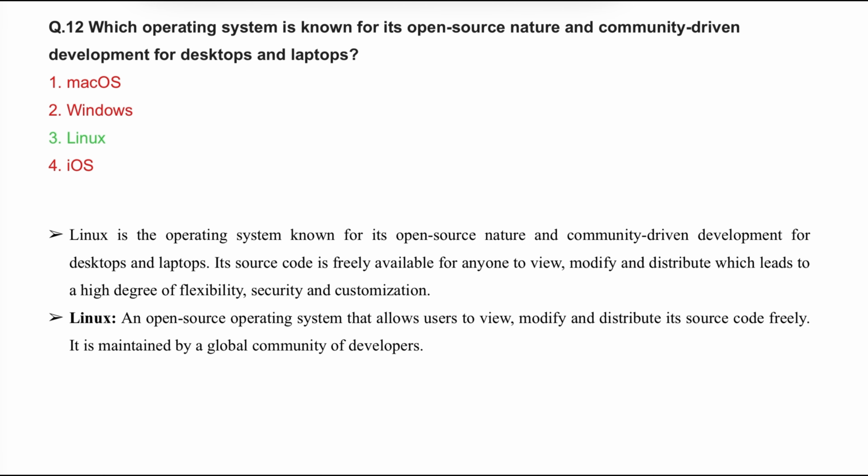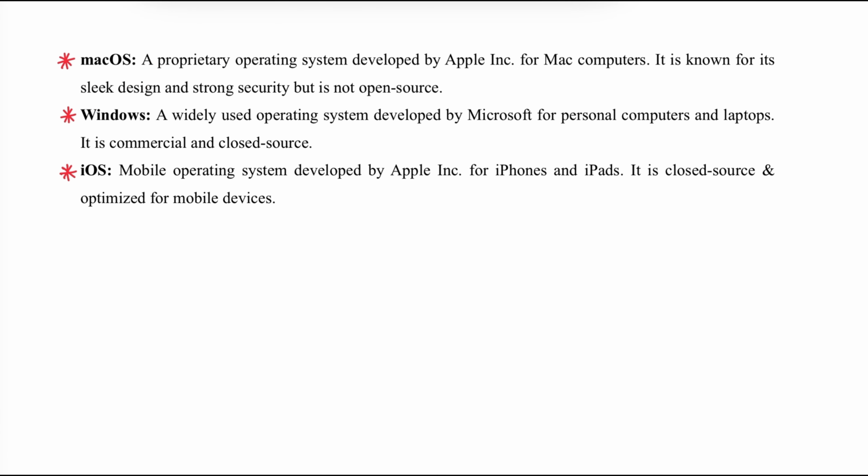Next question. Which operating system is known for its open source nature and community driven development for desktops and laptops? Mac OS is a proprietary operating system developed by Apple Incorporation for Mac computers, known for its sleek design and strong security, but it is not open source.